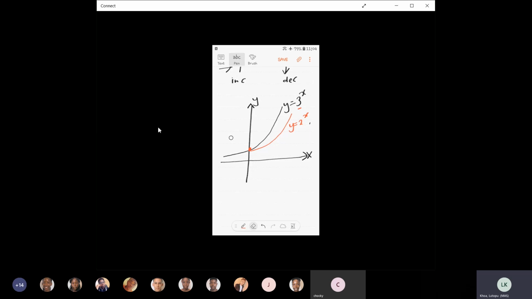Then on this side, the bigger one must be closer to the x-axis than the other one. That is why I will draw it like that. They are both getting closer to 0, so maybe it's not so clear, but they're both going down to the x-axis, but it's just that the red one is above the black one, and that is how you sketch it.